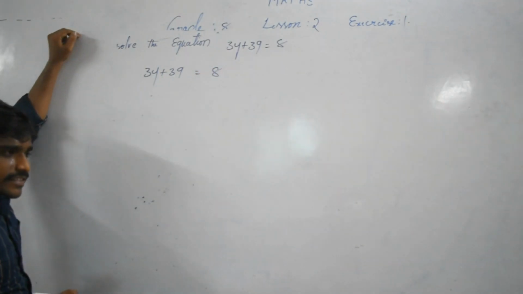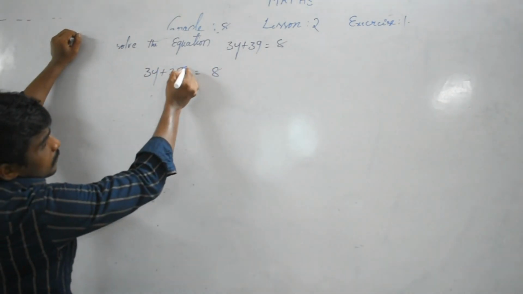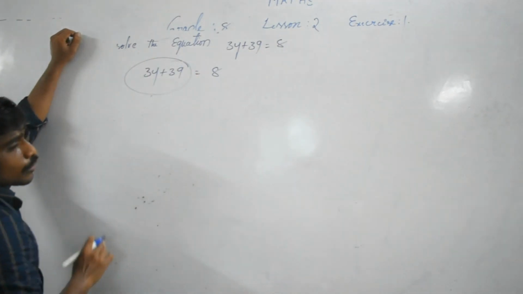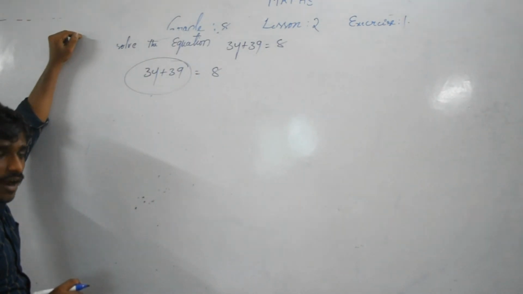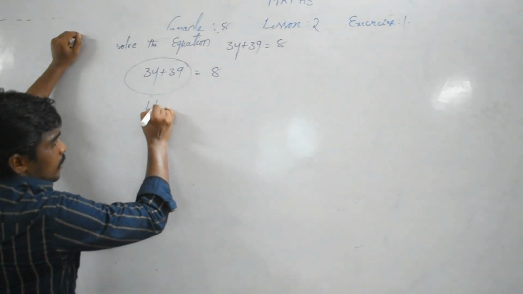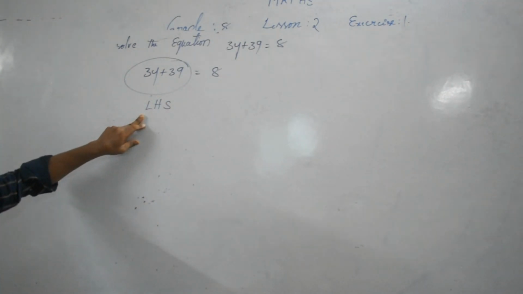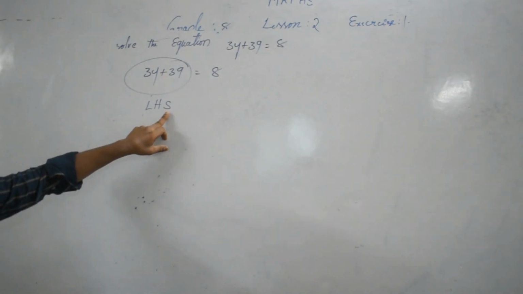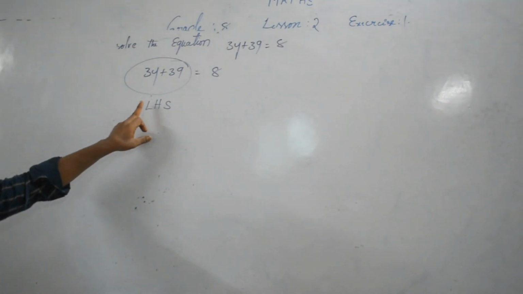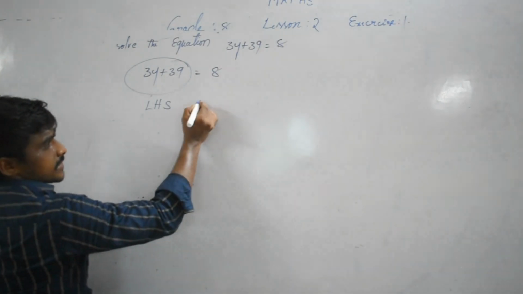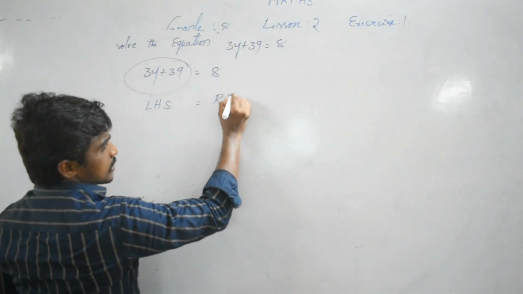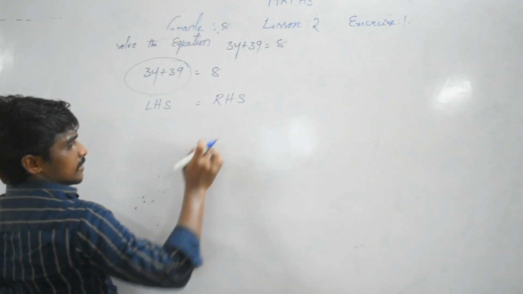In the previous class we discussed what this total expression is called: LHS. L means left, H means hand, S means side, left hand side. This is RHS, right hand side.